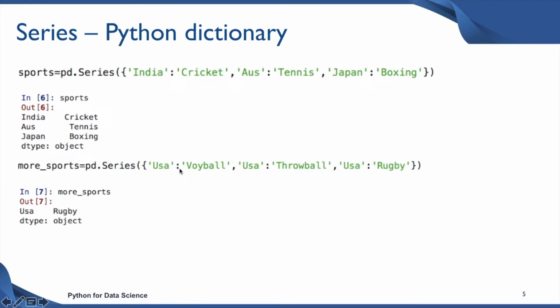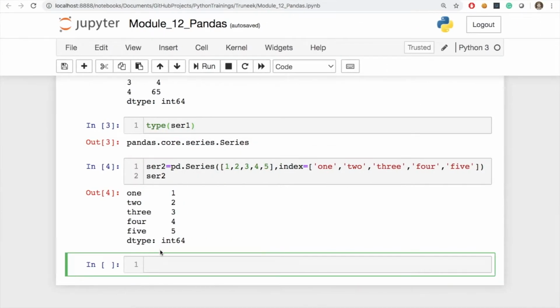Okay, so this is a problem in our dictionary. So I will also tell you how we can solve this problem, how we can solve this use case. First of all, let us try to convert our Python dictionary into a series object. Okay, so let me take another example, that is series 3, that is pd dot series, and here I'll take a dictionary, right?